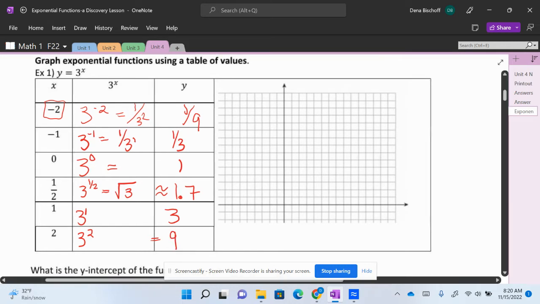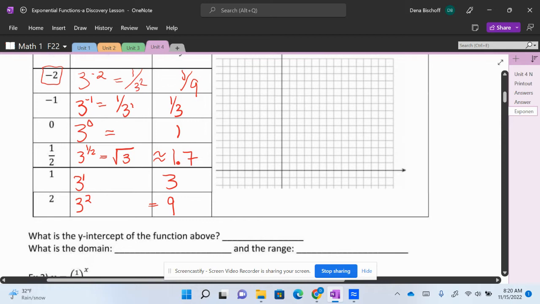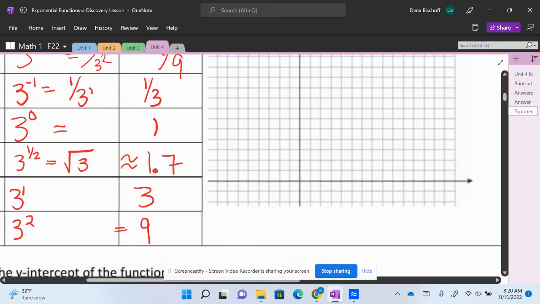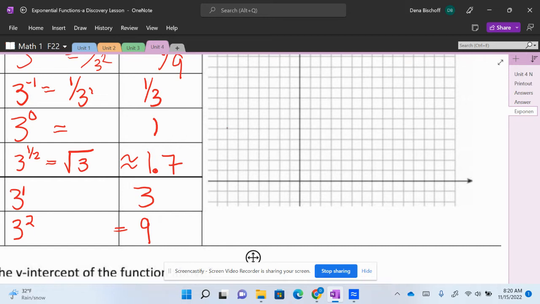So we're going to graph this on this little teeny tiny graph over here, and I'm going to show you how I numbered this. So I went over 1, 2, 3, 4 spaces and called this number 1. And then I went over 1, 2, 3, 4 more spaces and called this number 2. And I did the same thing on the negative side, over 1, 2, 3, 4, and called this -1, and over 1, 2, 3, 4, and called this -2.